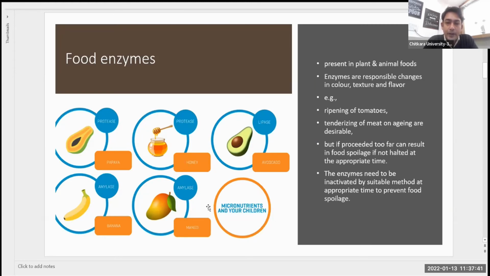We could increase or decrease the temperature of the product, or inactivate the life cycle of the food product, or cook it. That's how these enzymes get deactivated. So these enzymes are kind of a friend of a food product, but when these changes are allowed to happen for too long, they affect the quality of food and ultimately result in food spoilage.